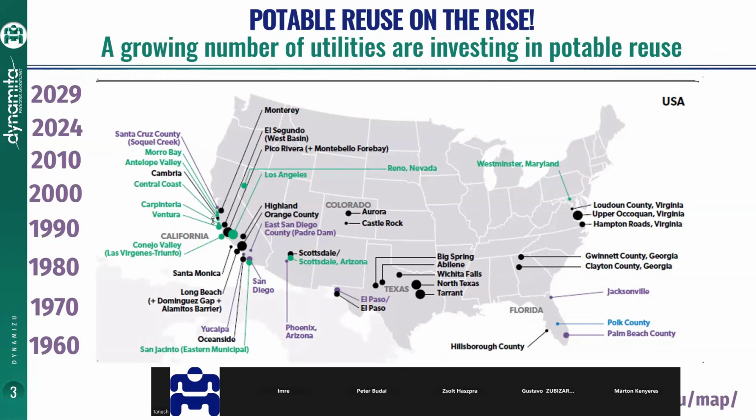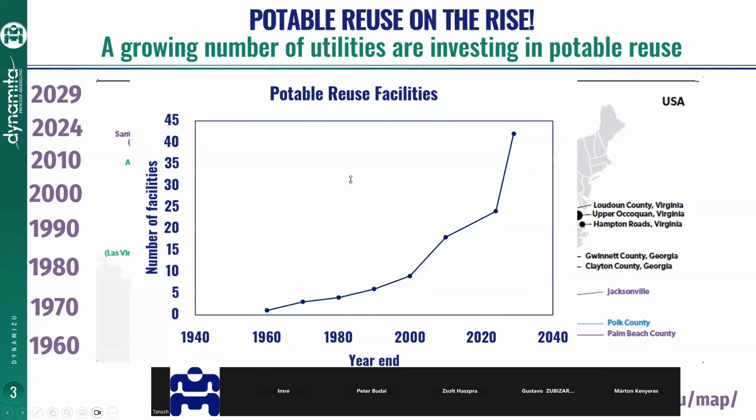So if I was to put this in some context, you will see that the number of reuse application facilities have grown from 1 in 1960 to close to 42 facilities by the end of 2039. So that's a significant growth.